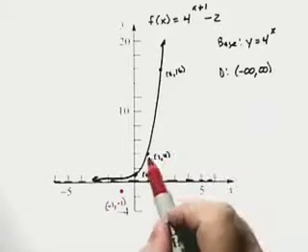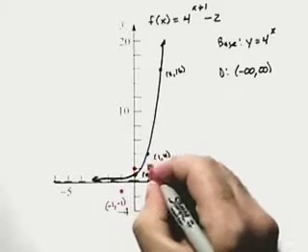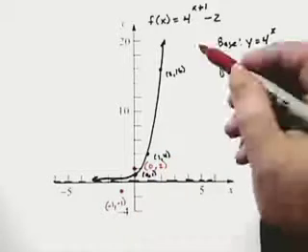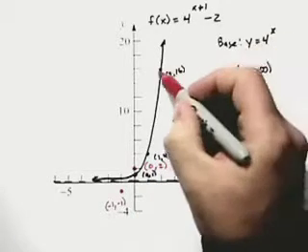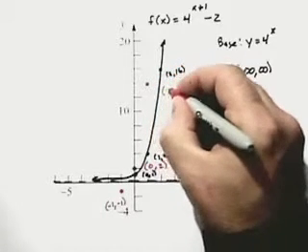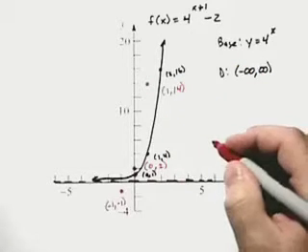Starting with the point 1, 4, we go left 1 unit, down 2 units. We get the point 0, 2. From 2, 16, we go left 1 unit, down 2 units, at the point 1 comma 14.